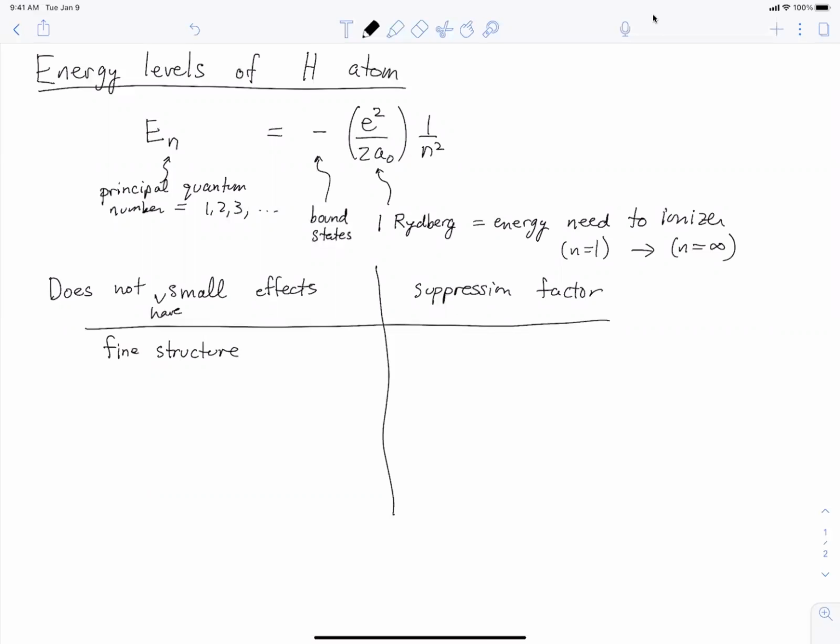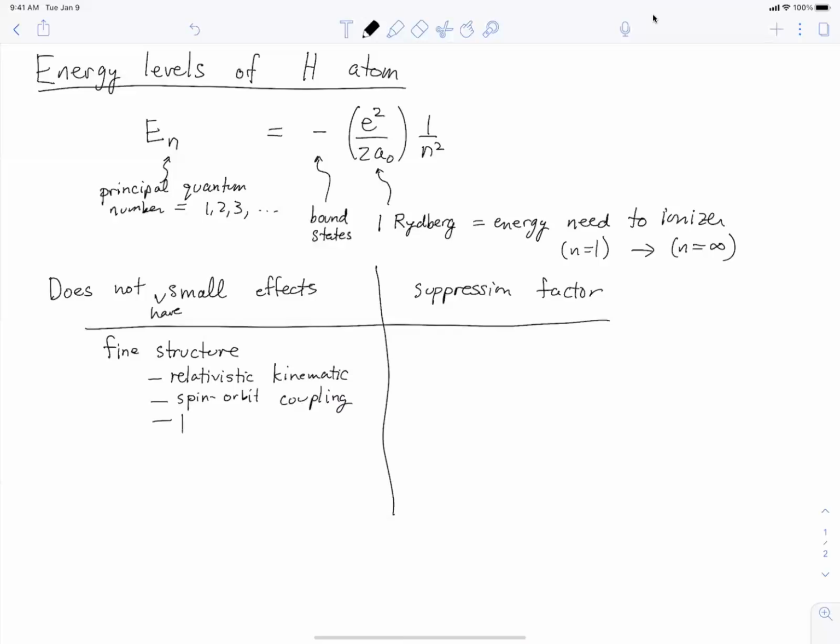Fine structure actually comes in 3 parts. It has a relativistic kinematic part, and it has a spin-orbit coupling, which is between the different kinds of angular momentum in the atom.